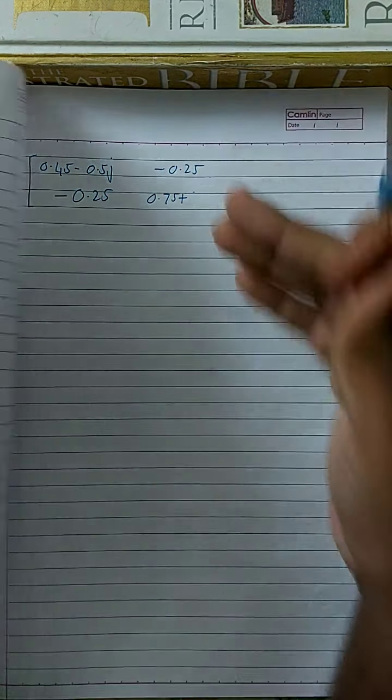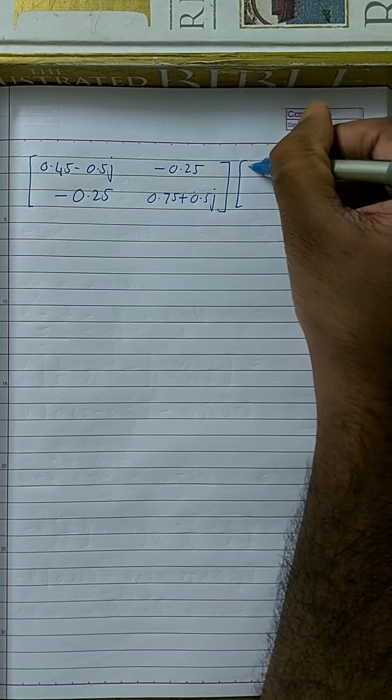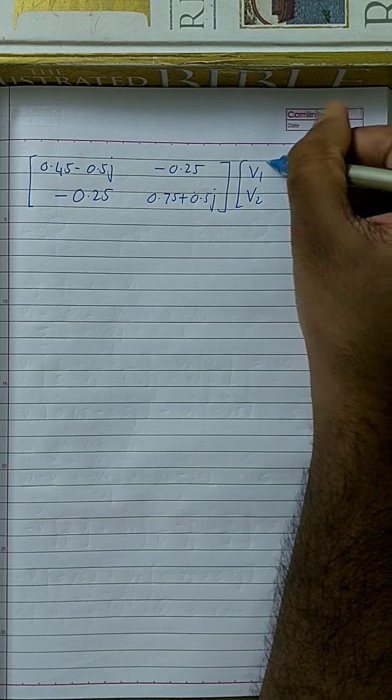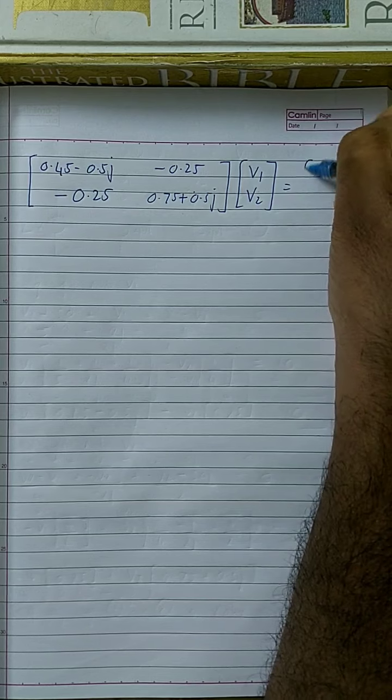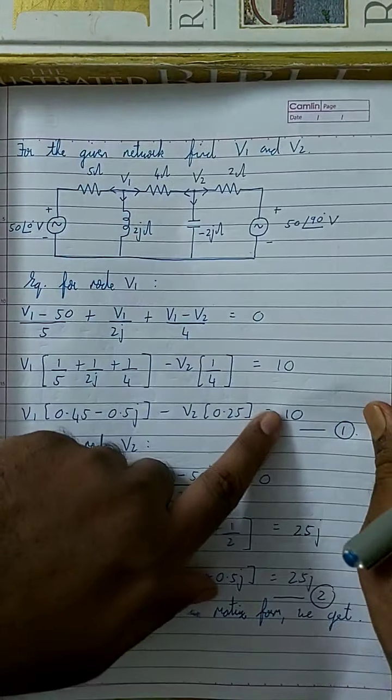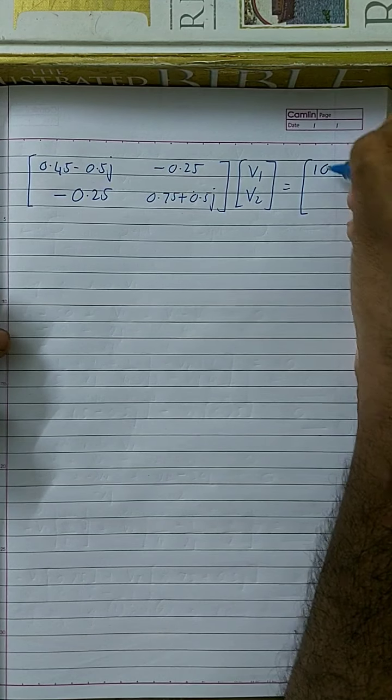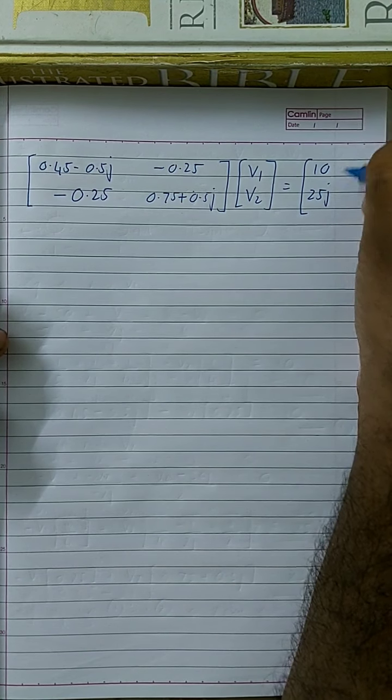Then V1, V2 is equal to, and what about the constants? 10 and 25j.